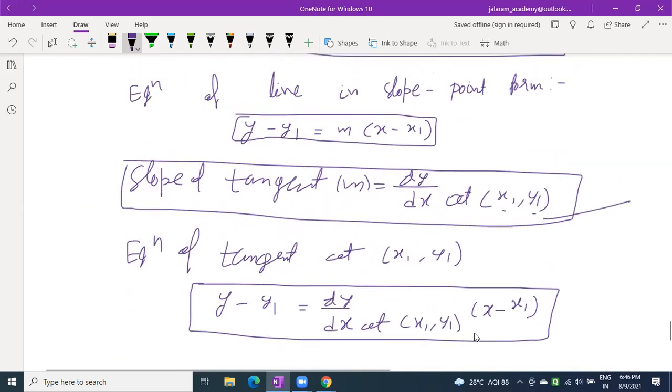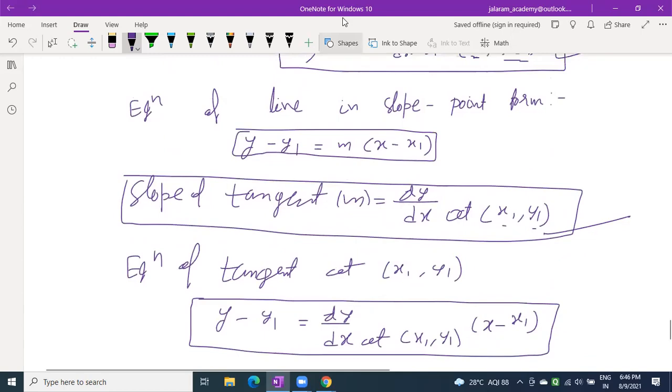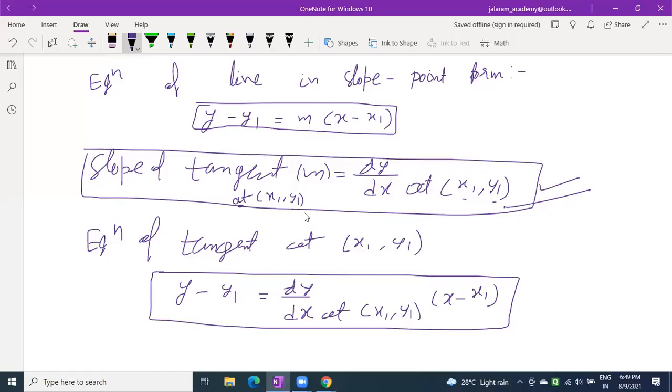So first of all, write this theory. Whenever it is written that the slope of the tangent at x1 comma y1, this x1 comma y1 is the point of contact.